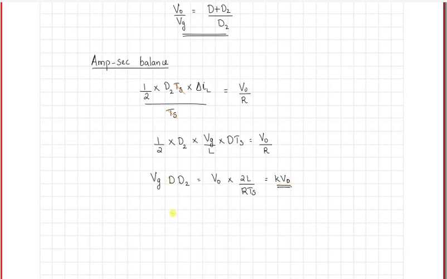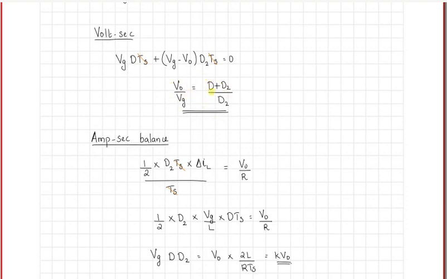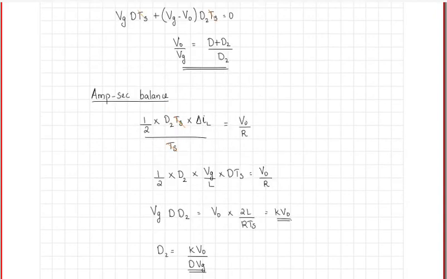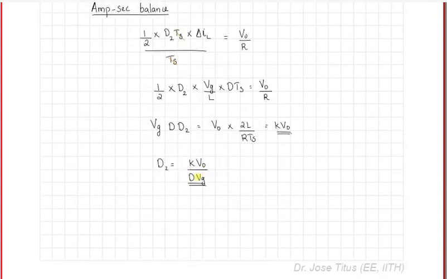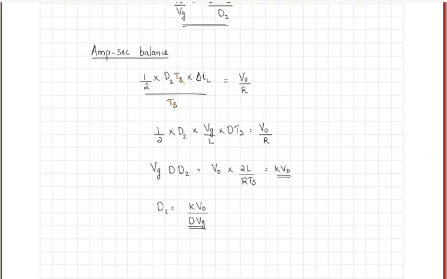Right, so from this relation then we can say that D2 is equal to K times V0 by D times Vg. So why are we doing all these exercises? Because we want to simplify this voltage gain by eliminating D2 from this. So we are looking for a suitable expression for D2, which can be put into the relation of VO by Vg to eliminate D2.